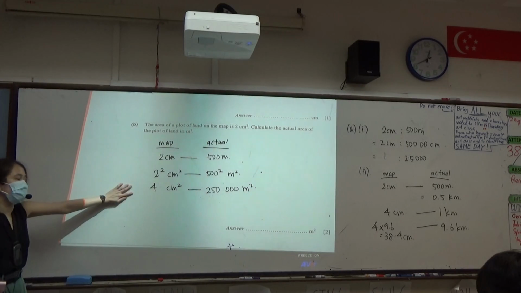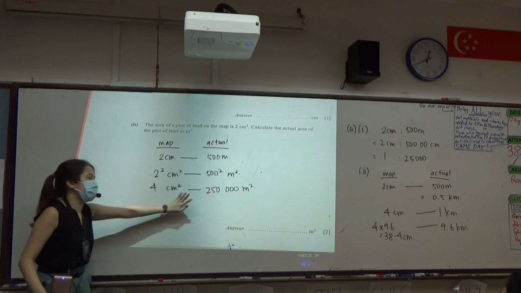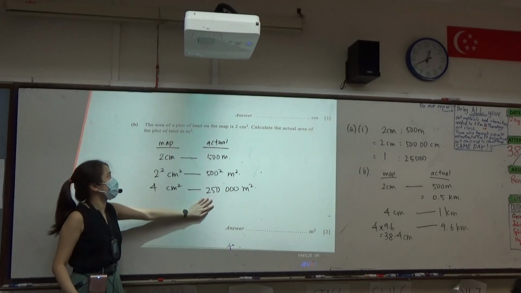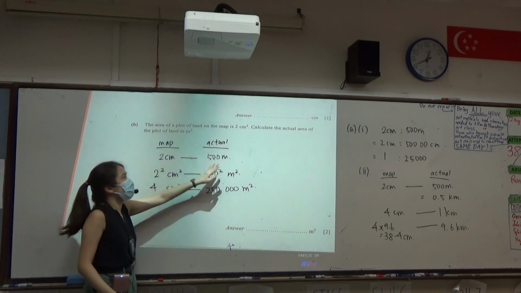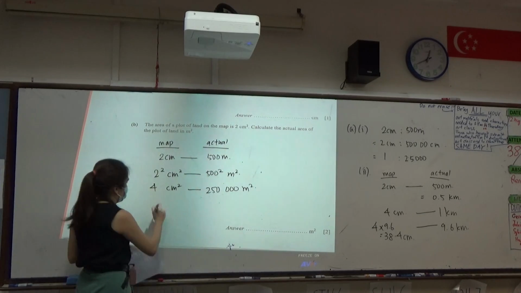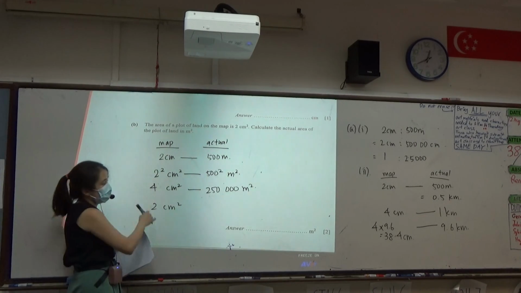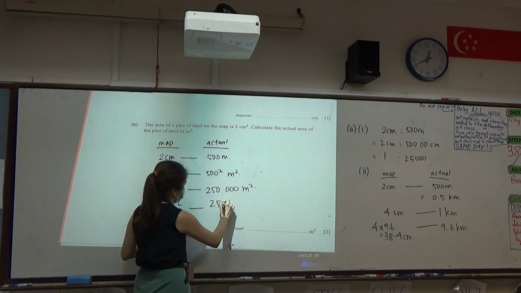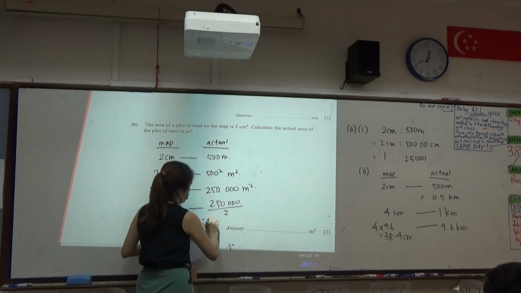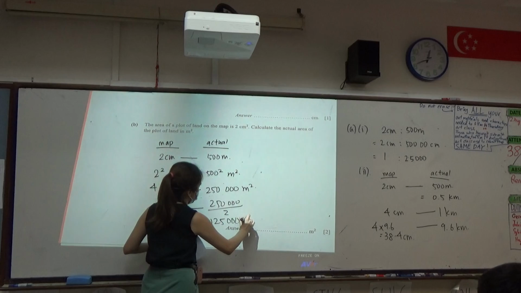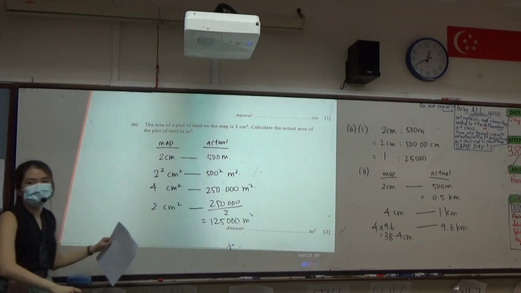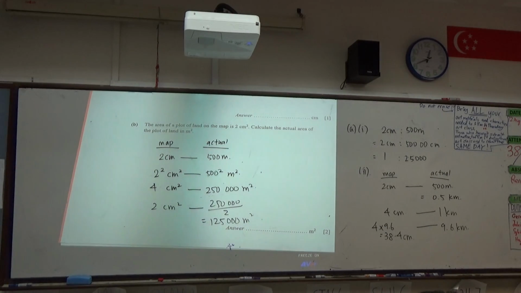So the area scale is 4 cm square gives you 250,000 meter square. Now the question wants 2 cm squared, so we divide by 2. Hence you have 125,000 meters squared.